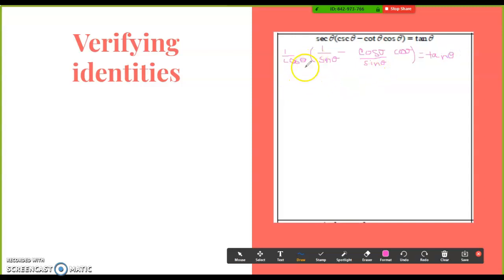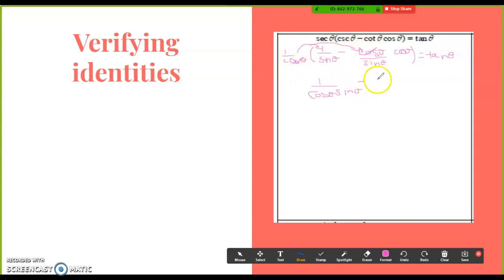All right, and I am going to go ahead and put everything together here. I'm going to multiply this in, so I would have 1 over cosine of theta, and I'm just multiplying this in, sine theta minus, if I multiply this in over here to the second term, the cosines are going to cancel out, right?